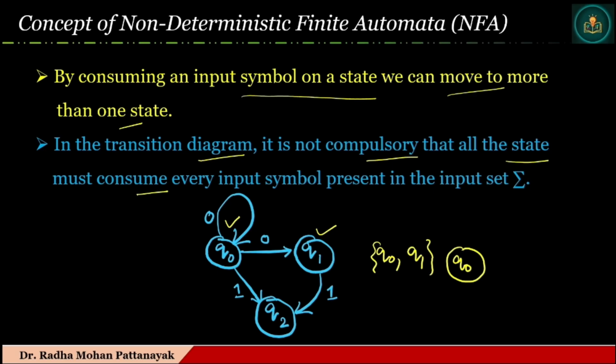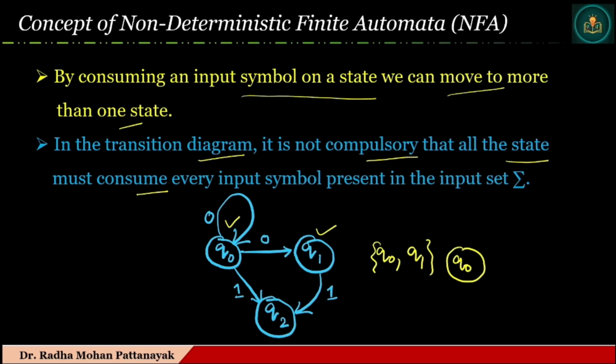Clear? So remember that in the DFA, every state must consume every input. But as for the NFA, there is no restriction. That means a state may consider all the inputs, a state may consider a few inputs, and a state may not take any input for its transition.